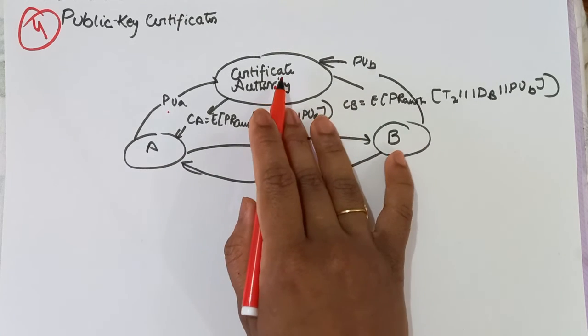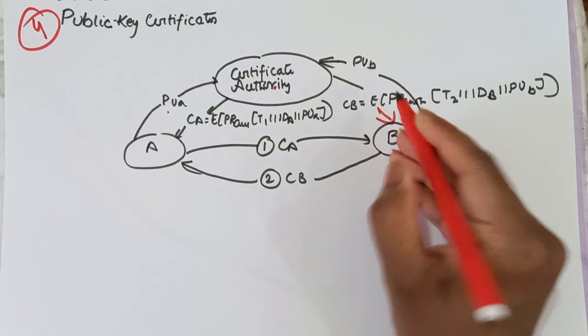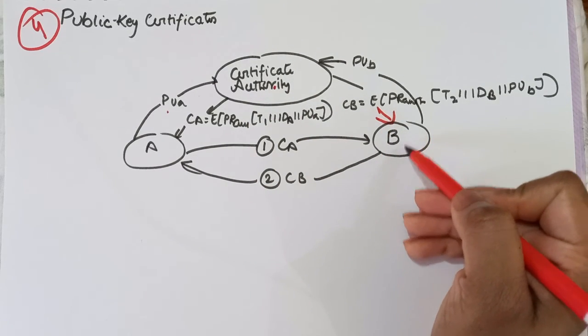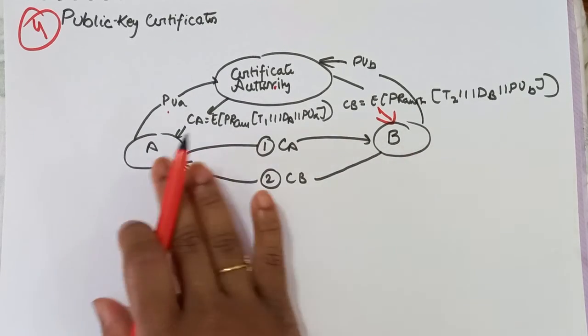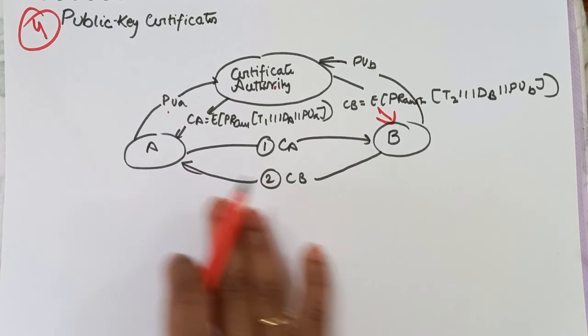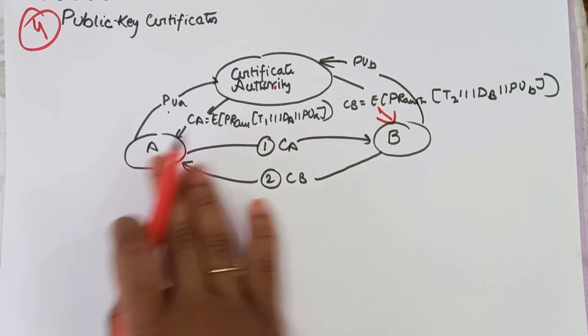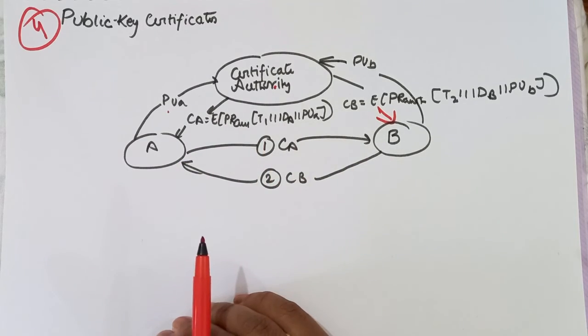B will send its public key to the certificate authority, and the certificate authority will then send a certificate to B. After A and B have got their own certificates, A can communicate its certificate to B, and B can communicate its certificate to A, so that they can communicate by certificates.